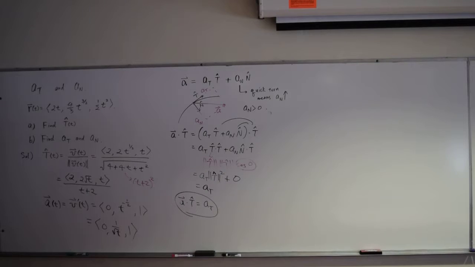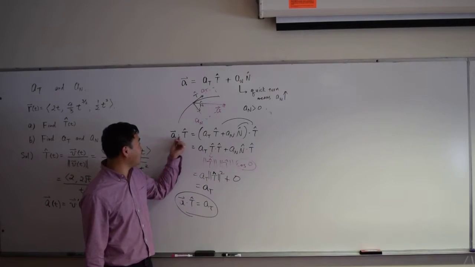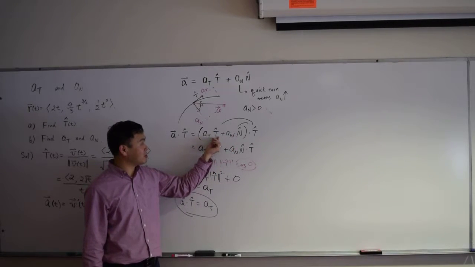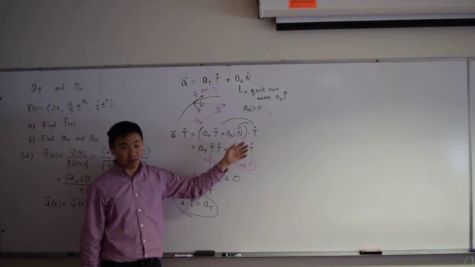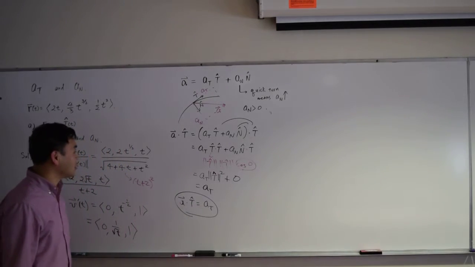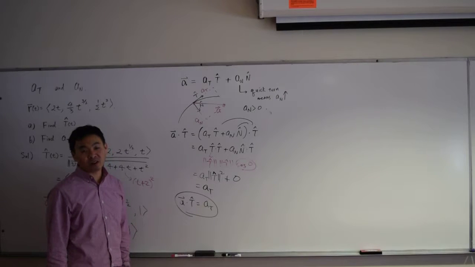Now, what about AN? Well, you can do the same thing for AN. You can take A dotted with N, and the same kind of logic says that the T term will be 0, and N dot N will be 1, and it leaves you with AN. However, for practical calculation, that's actually not a good idea.